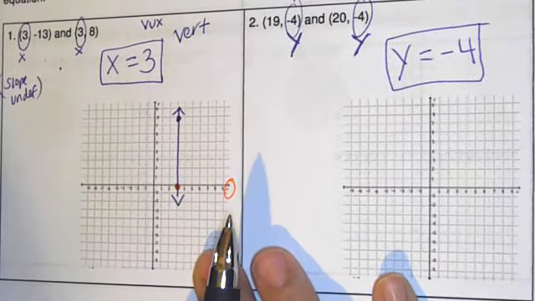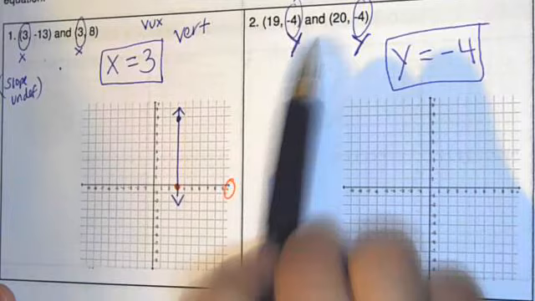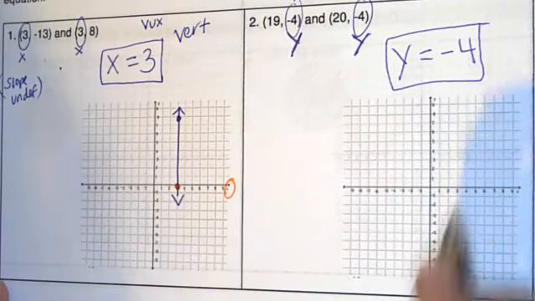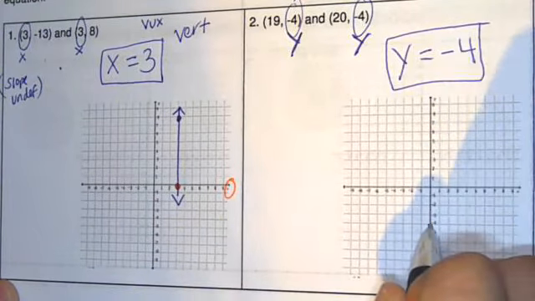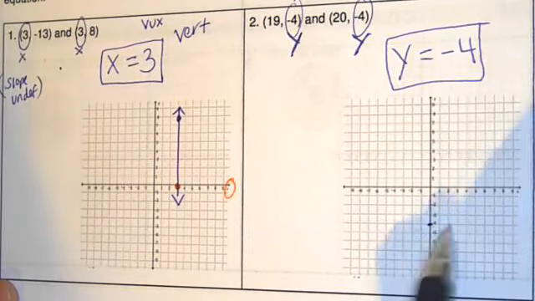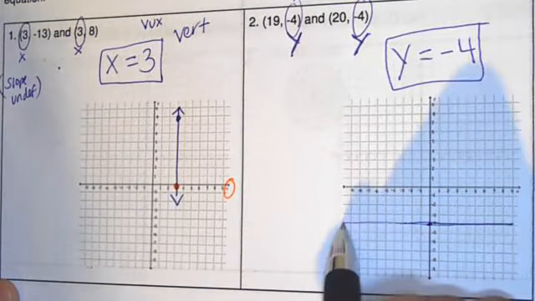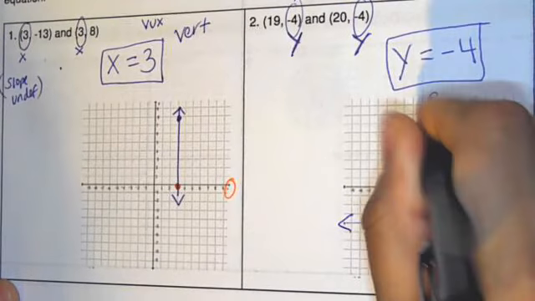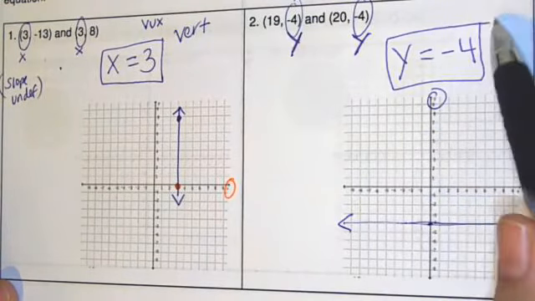That's it. These can be so simple, so easy, as long as you're just looking for that repeated pattern. And then you have to figure out how to graph this. Again, these points are too big. They don't fit on this graph. So we just have to find -4 on the y-axis, right? That's here. And it's going to be a horizontal line because it's going to cross through the y-axis. So look for the y-axis whenever you start by plotting this number, -4.